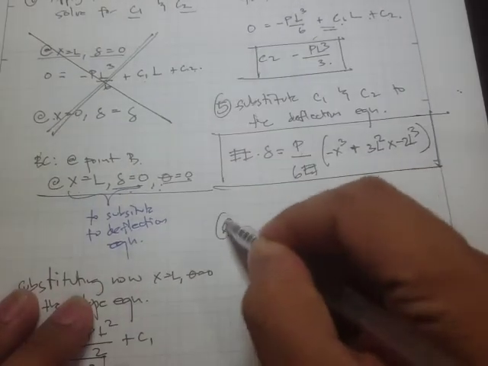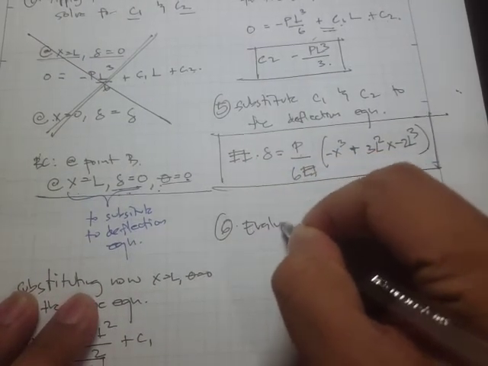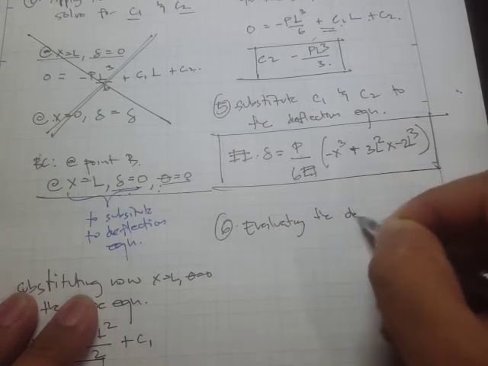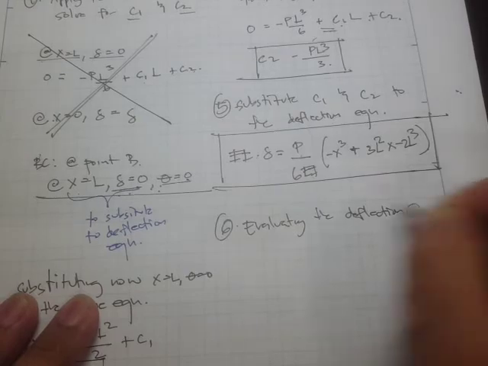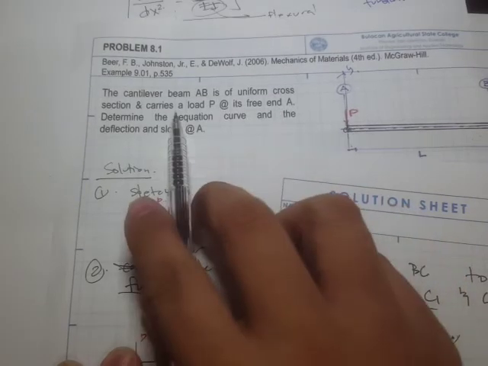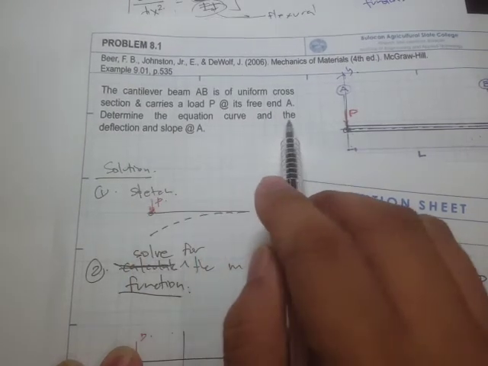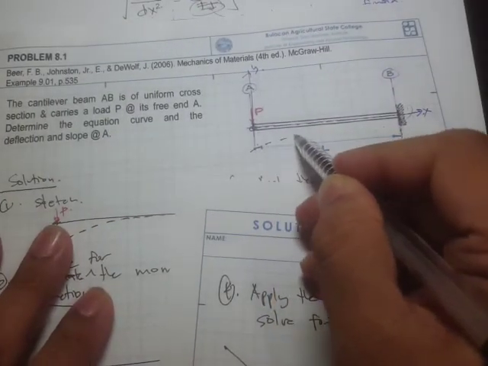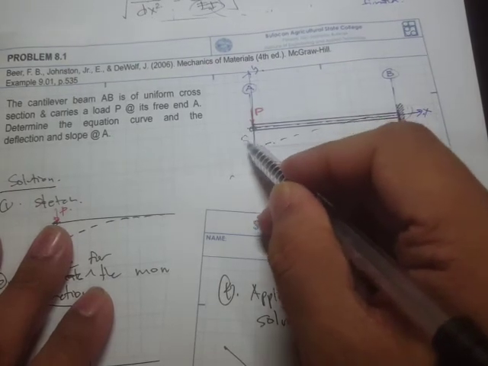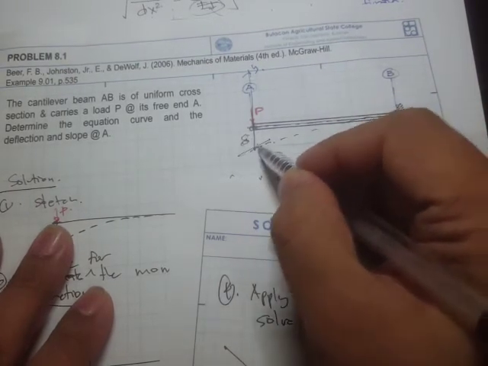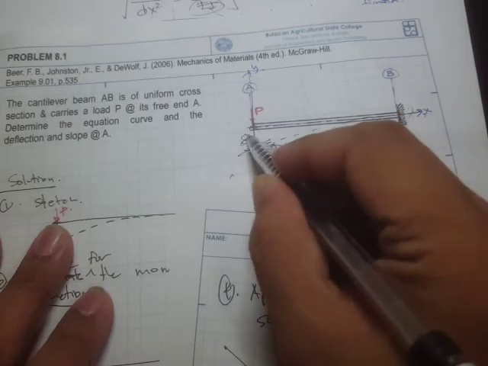Now if we want to evaluate the deflection at point A, because we are asked to determine the equation of the curve and the deflection and slope at A. What is the deflection right here? Because we know this is the deflected curve, we have a deflection right here, and we also have a slope. Let's find the deflection first, at x equal to 0.